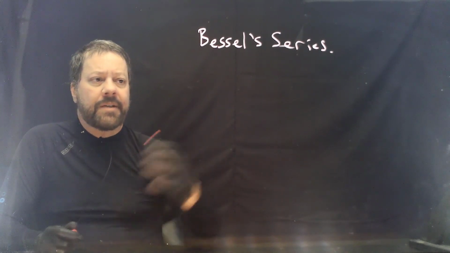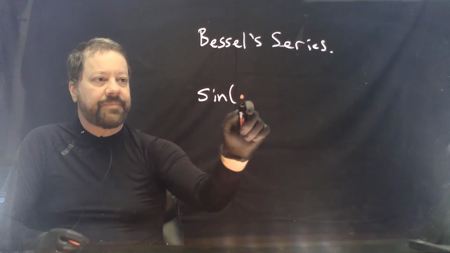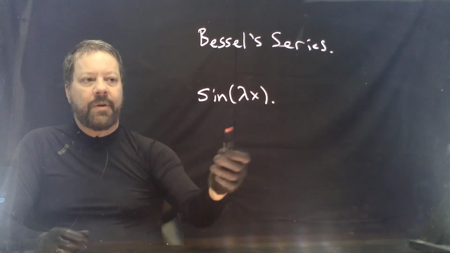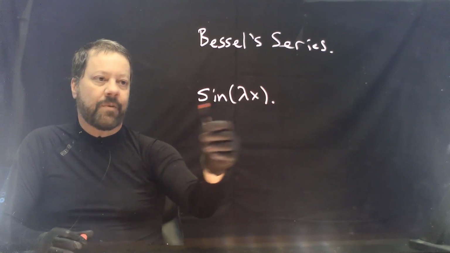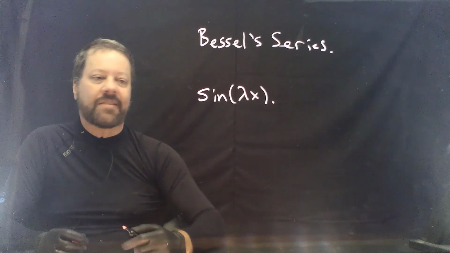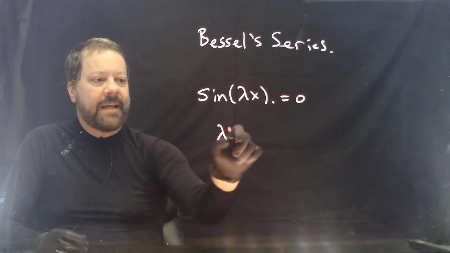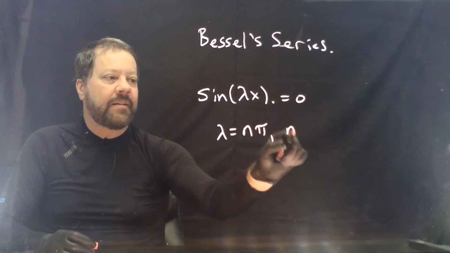We're now going to construct something called Bessel's series. We're going to do this using something similar to what we did with the sines and cosines. If we want to collect a bunch of linearly independent functions of the form sine of some constant times x, we looked for roots, and we found that lambda was of the form n times pi.